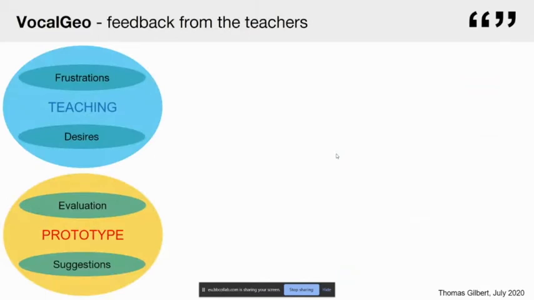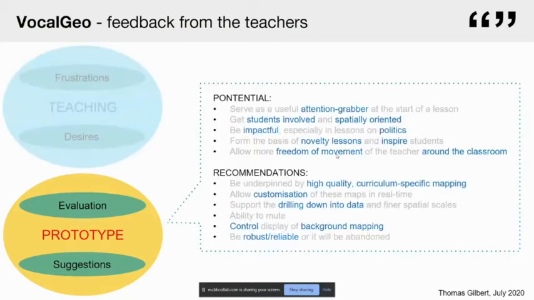So to summarize some of the feedback from the teachers, part of it was about their teaching, their core requirements, what they had to get across in geography and history lessons, which are deemed most relevant to the concept, and then also about the prototype itself. So let's focus on that.